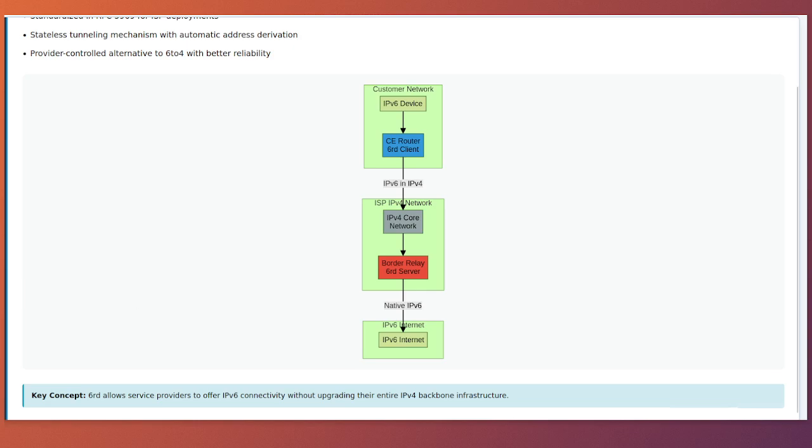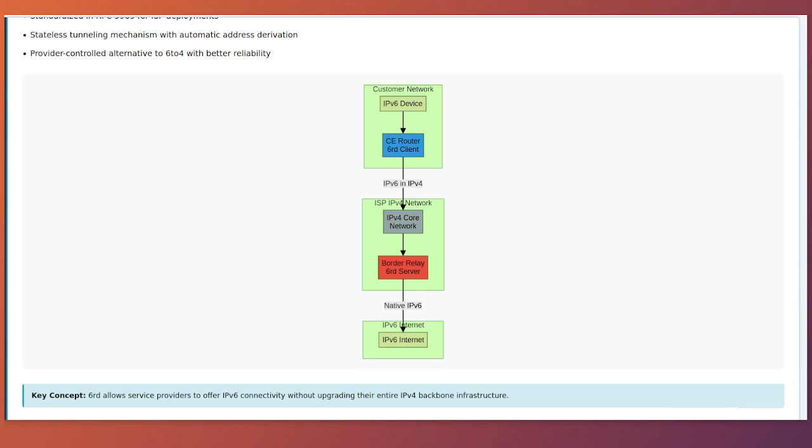The fundamental challenge that 6RD addresses is simple but significant. How do you provide IPv6 connectivity to end users when your provider network still operates primarily on IPv4? Many ISPs have millions of dollars invested in IPv4 equipment and infrastructure.